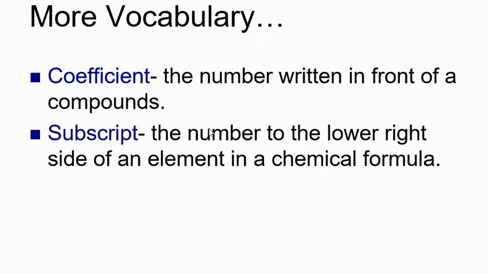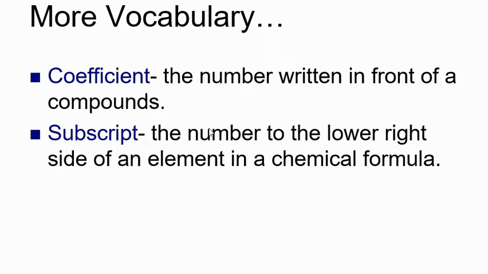A coefficient and a subscript. We definitely need to know what these two words mean. So a coefficient is a number in front of a compound. And you studied what compounds were last semester. You wrote out formulas of different compounds and elements. So the coefficient is a full-sized number, and it goes in front of an atom or a compound.